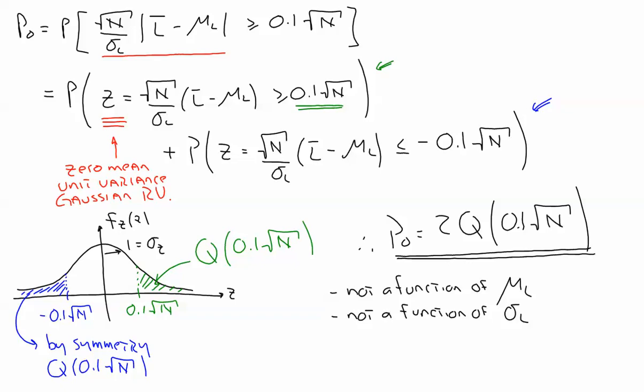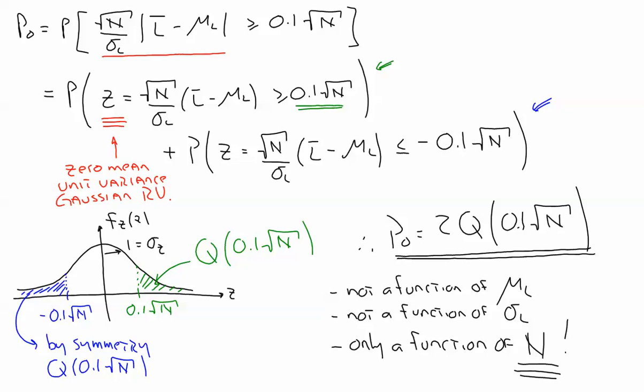It's not a function of anything. It's only a function of the number of samples I examine, the number of gear pins that I select off the assembly line and examine.